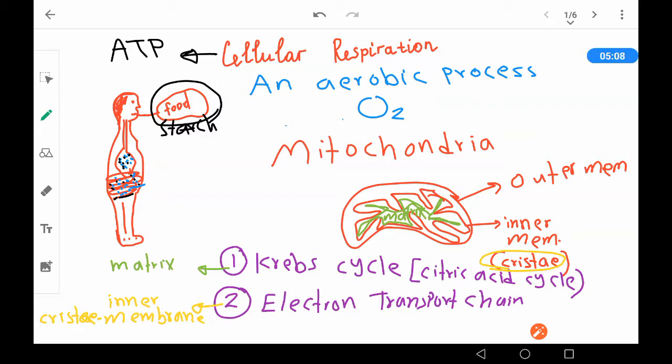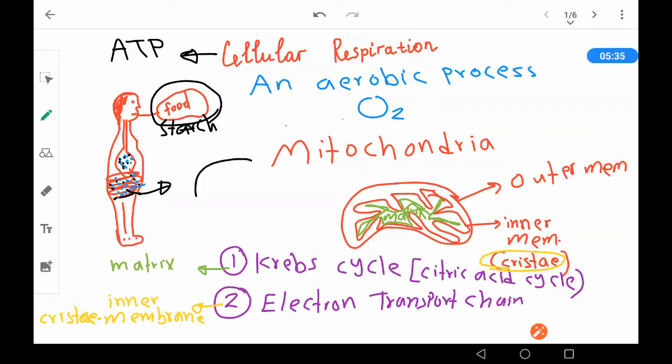Then the glucose molecule will move to the body cells to be used as a source of energy, so that the cell can make its physiological and chemical activities.